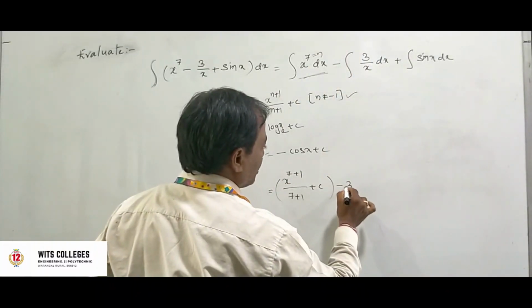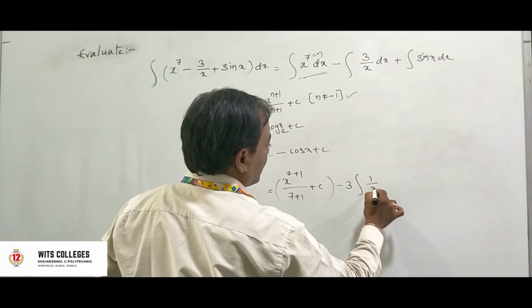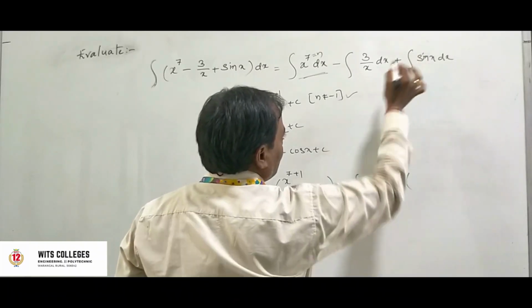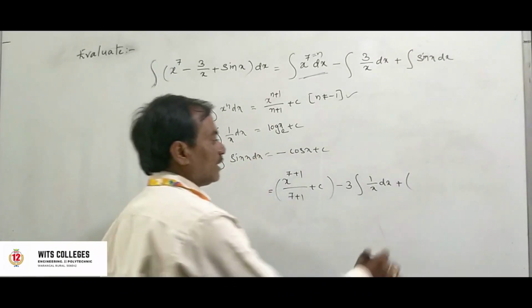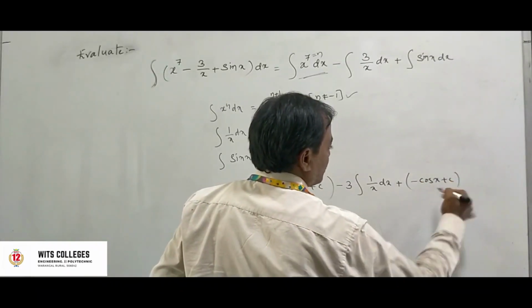We write one more step here, 3 integral 1 by x dx, plus, we know this integral value, integral sin x dx equals minus cos x plus c.